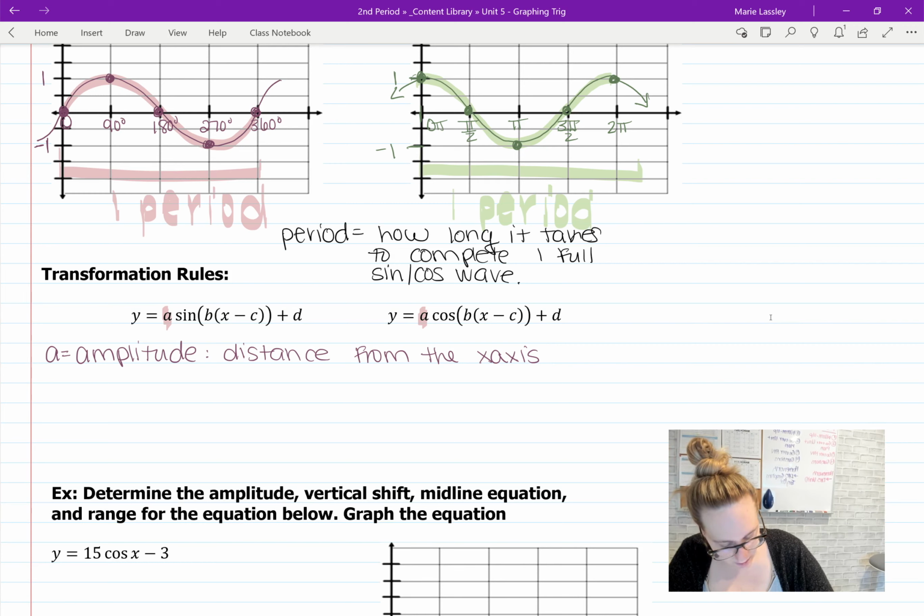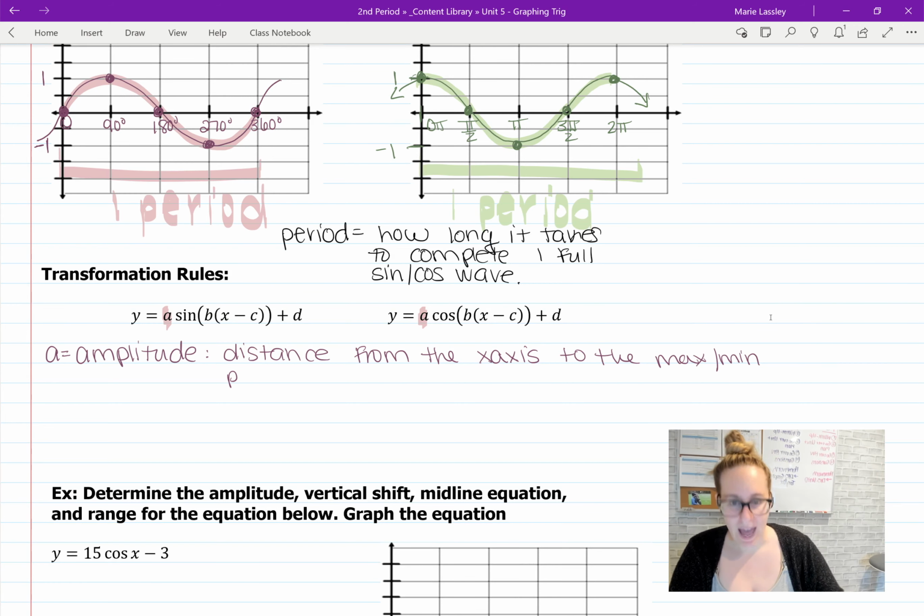So amplitude is the distance from the x-axis to the max and min point of the graph.